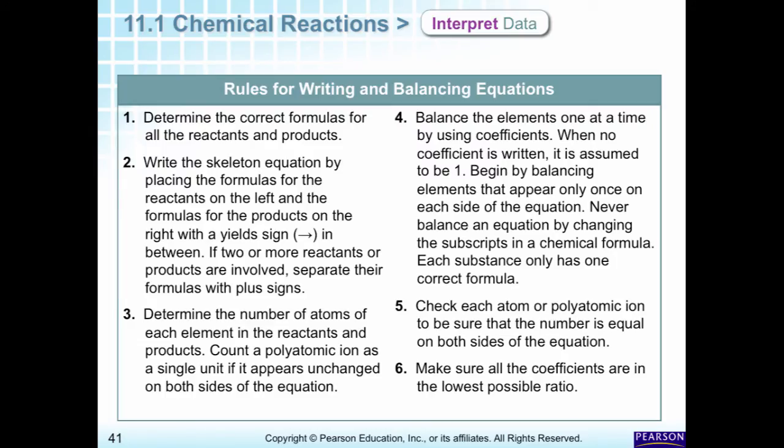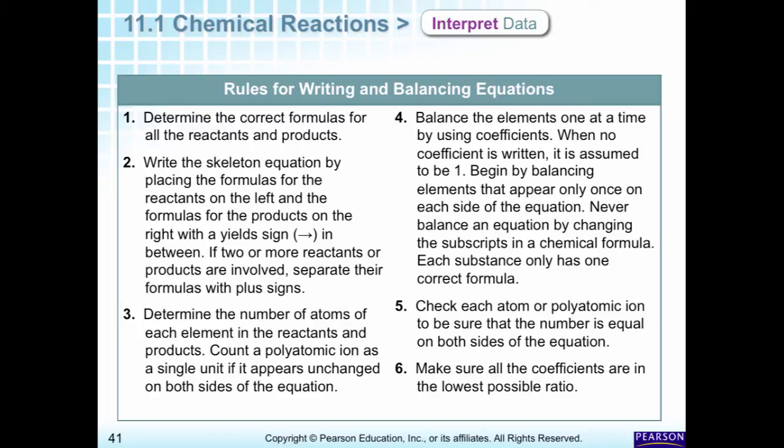All right, I'm going to leave this on the screen for a second. Take a screenshot. These are rules 1 through 6 on balancing equations. Very simply, change the words to correct formulas. Write your skeleton equation. Then start deciding how many of each of the atoms you need on each side.